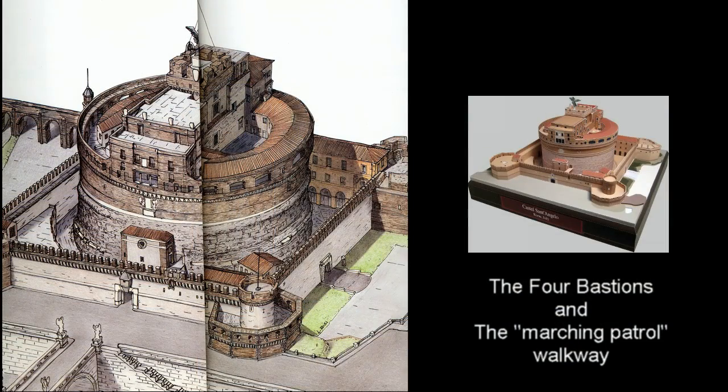These 2 sketches show the 4 bastions located on the corners of the outer walls. The 4 bastions were named after the 4 evangelists.